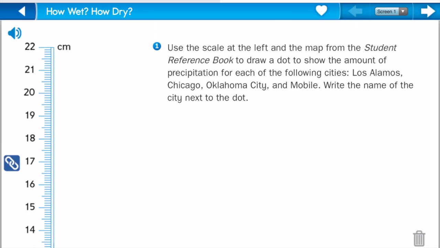So if you look at the picture on the slides, it shows a picture of the following cities. So, Los Alamos has 5.1 centimeters.